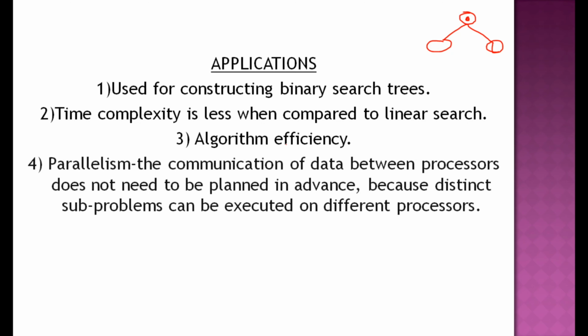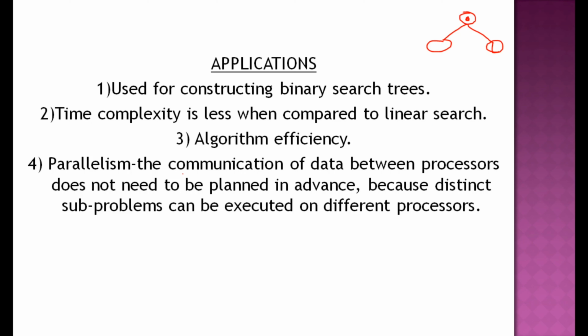Next, parallelism. Parallelism means that several processes occur at a time. So the communication of data between the processes doesn't need to be planned in advance; there is no need to plan that this process has to occur after the completion of that process.